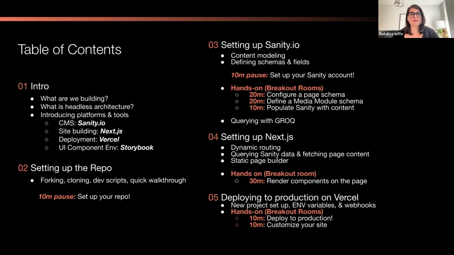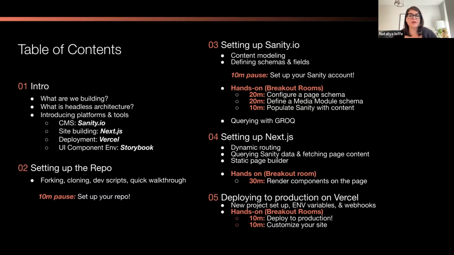Then we'll go into talking about Next.js, which I think some of you have some experience with so far, some not. We'll talk a bit about that, the site builder, how it powers our app. And we will also go into a little breakout room to render some of the components that we have in this repo on the page with Next.